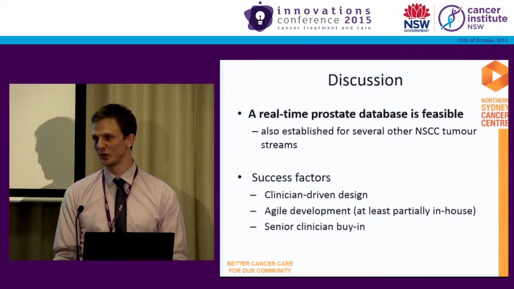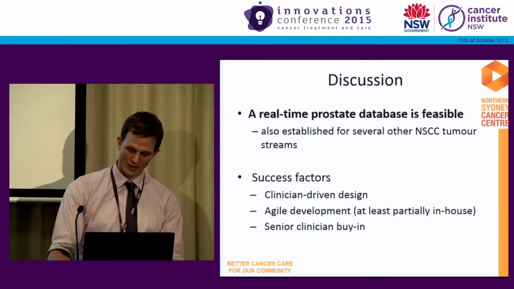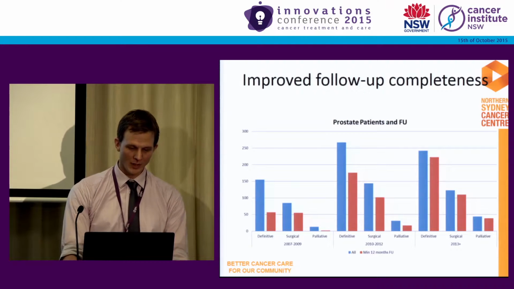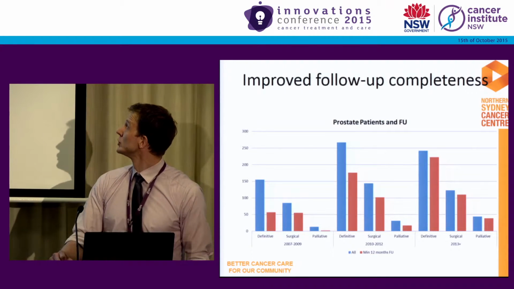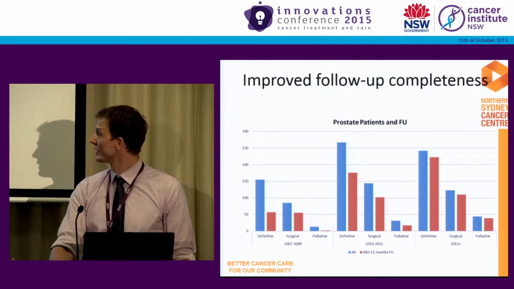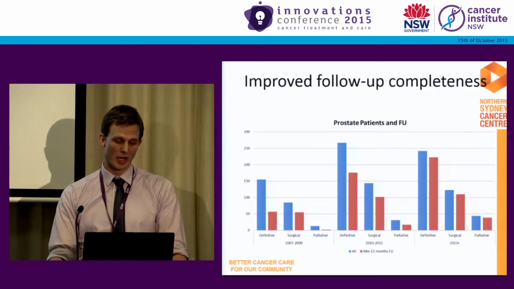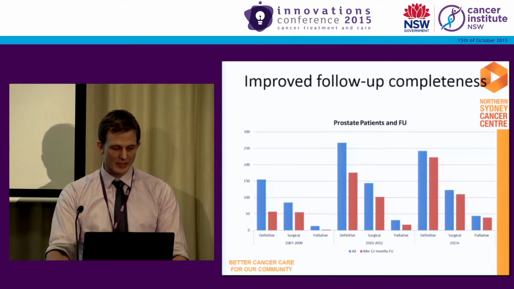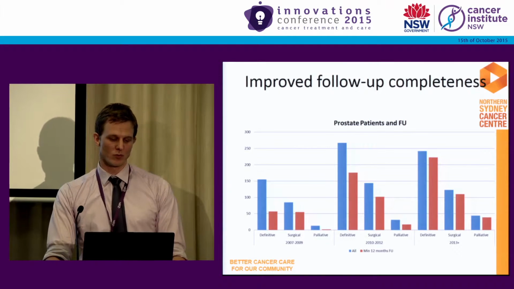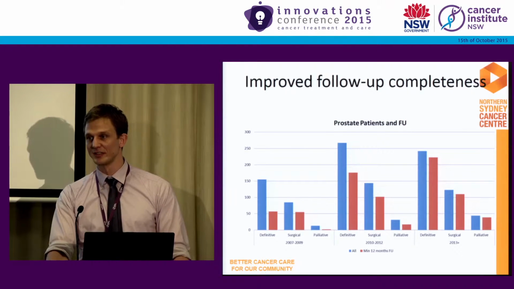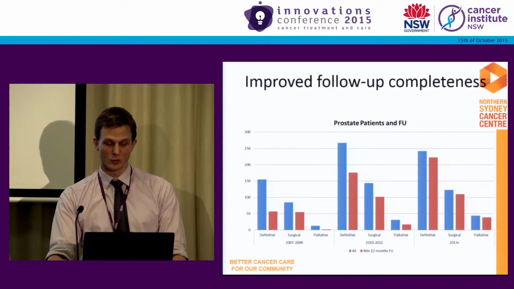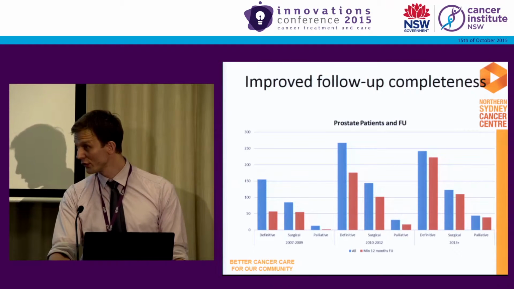And this is an issue that Graham also noticed in the previous talk. So this diagram shows follow-up completeness reflected in the gap between the blue and the red bars. In the first 3 years, about 50% of our patients had follow-up data. Then between 2010 and 2012, this increased to about 2/3.